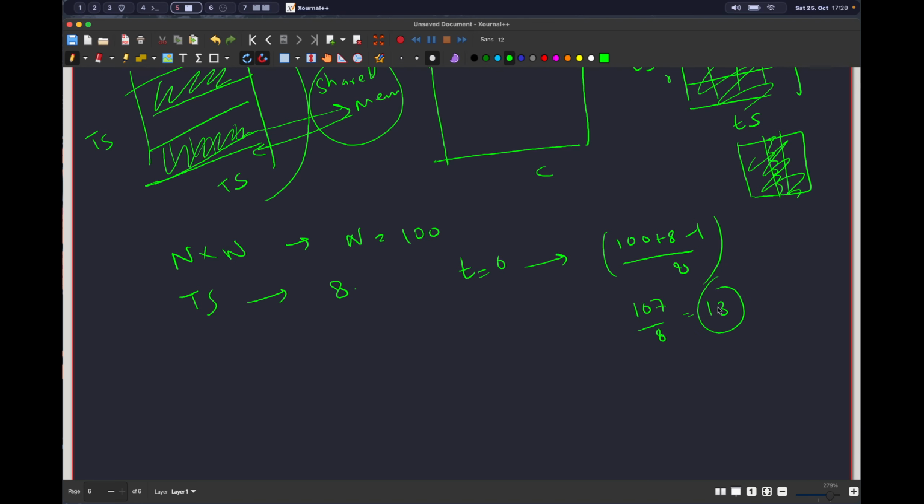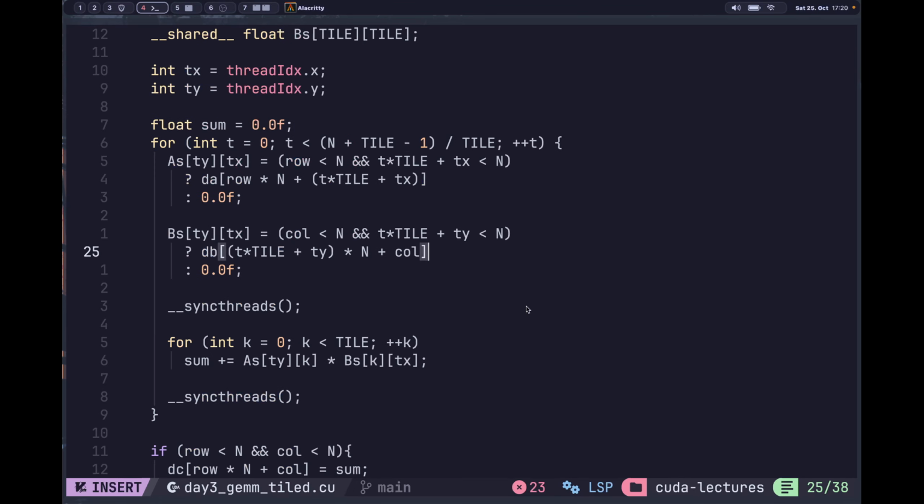So we'll have 13 tiles, right? So if this is the matrix, you will have 13 tiles just sliding on. So these are tiles and these are rows, and the last tile will be a little bit over the boundary of matrix A, and the same goes for B. So you will require 13 tiles. Just showing that calculation as well.